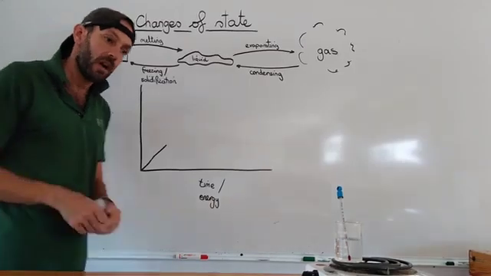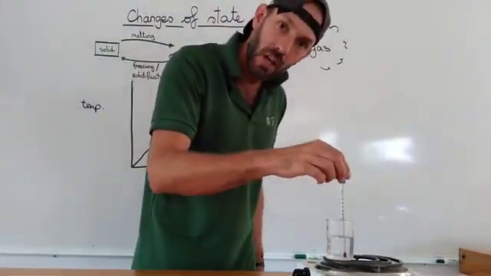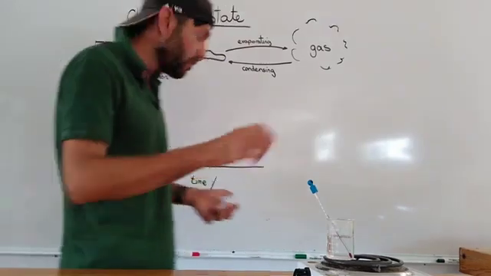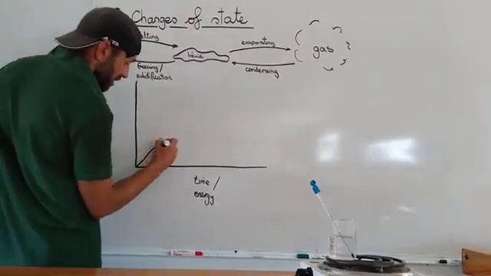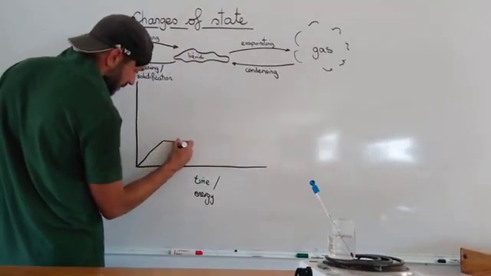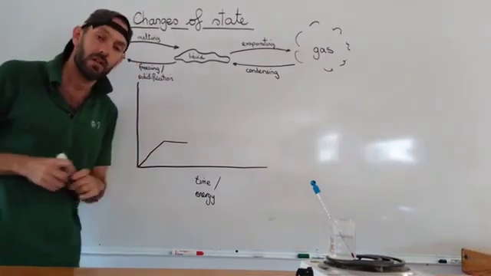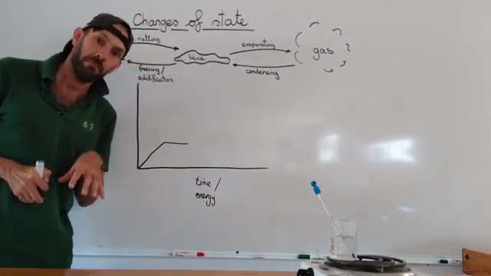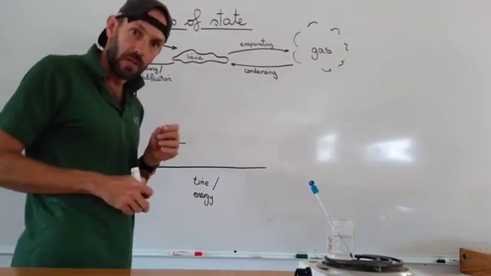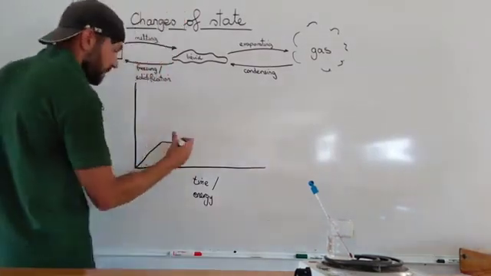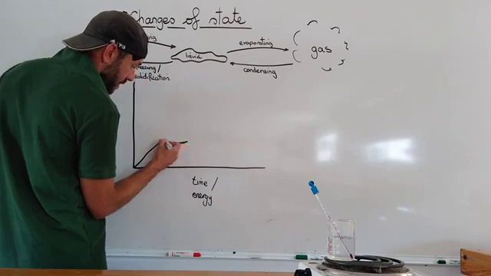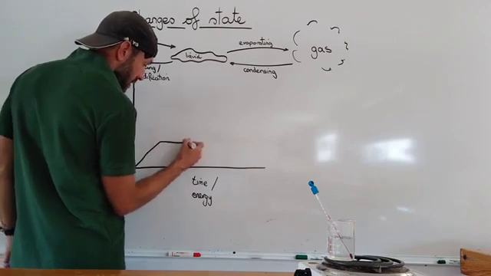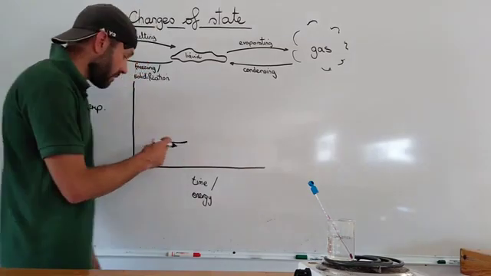And if I was recording the temperature every so often, I would notice that at a certain point the temperature remains flat. Now that tells us something, and I'll come on to that in a second. It will remain flat, and then, in fact, let's go through it now.